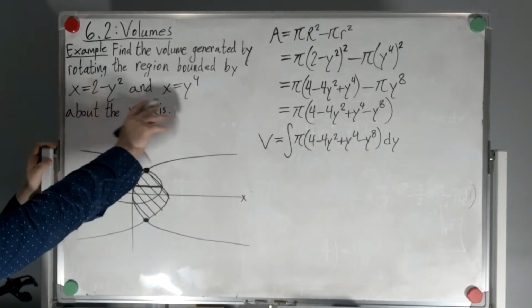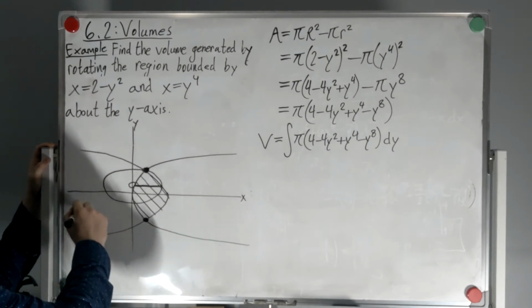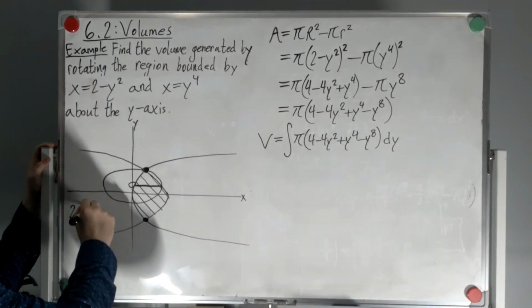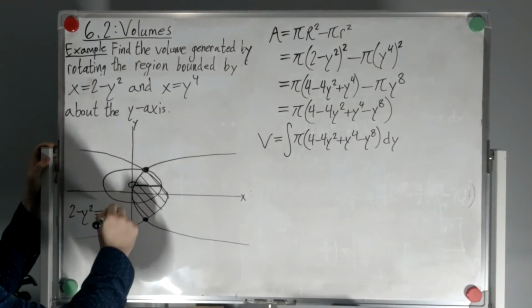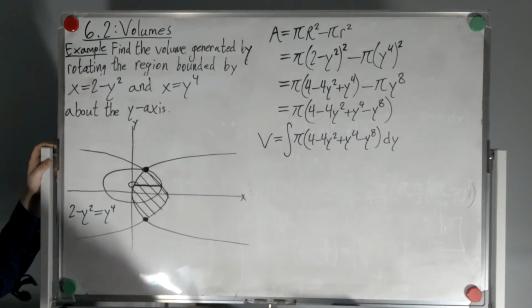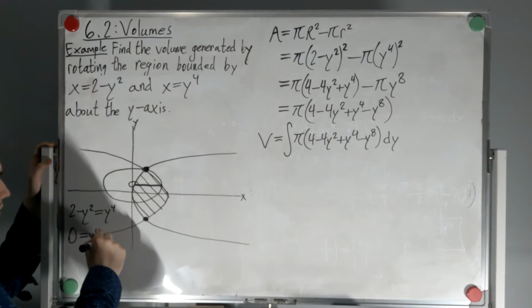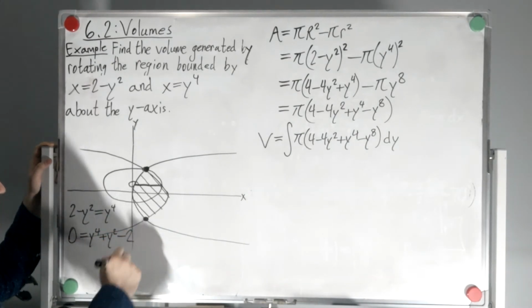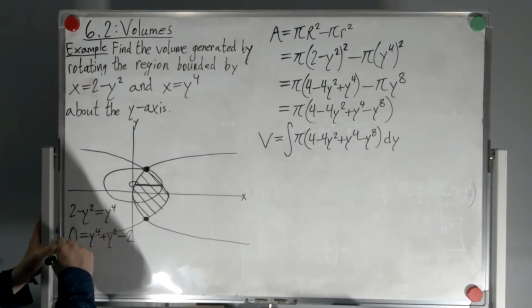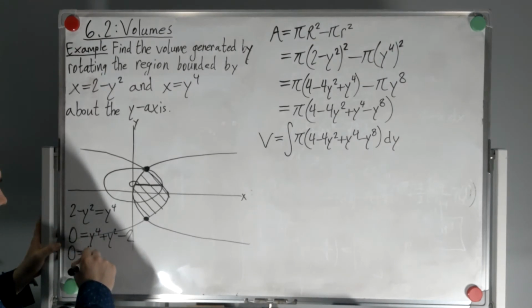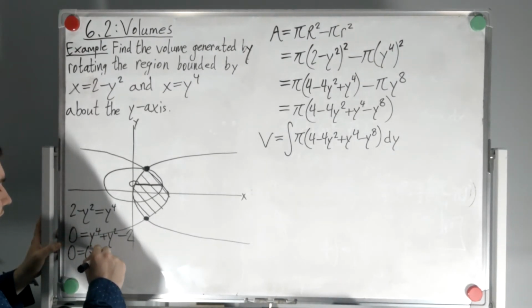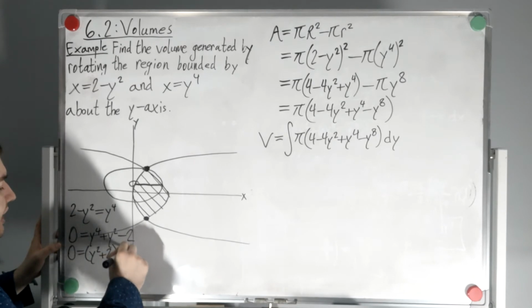So we just have to set these two curves equal to each other. So 2 minus y squared equals y to the fourth. This gives us 0 equals y to the fourth plus y squared minus 2. That gives us 0 equals (y squared plus 2)(y squared minus 1).